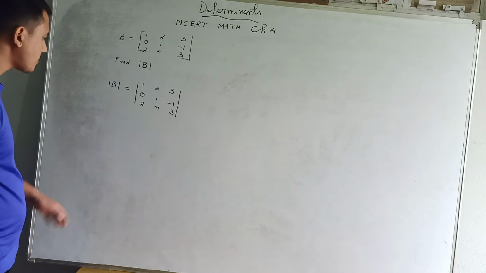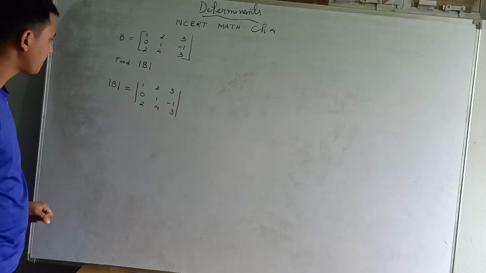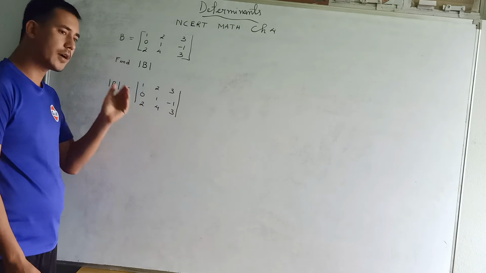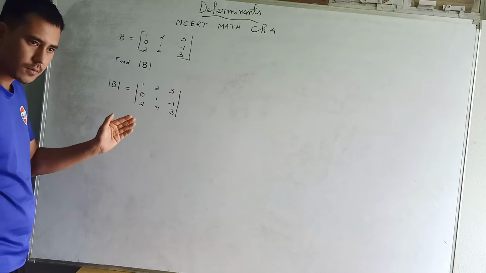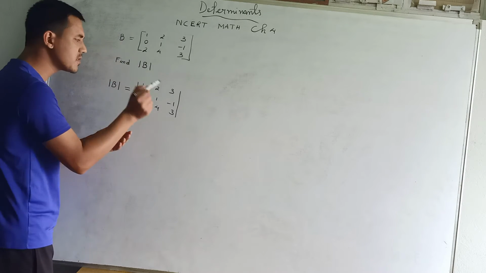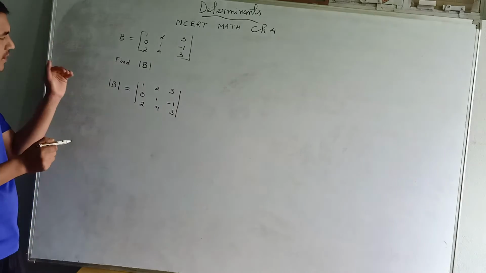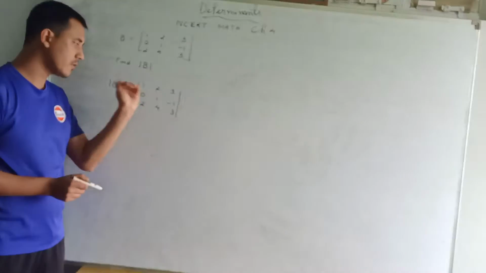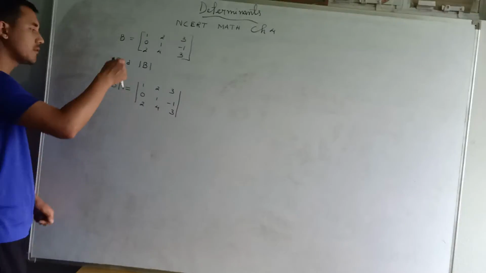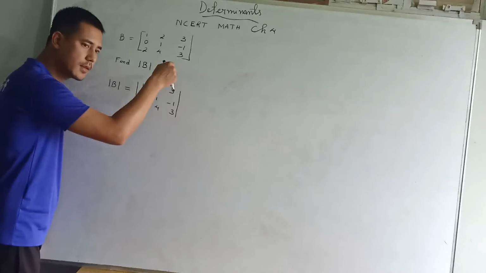In this determinant, there are 3 rows and 3 columns. You can expand along the first row, the second row, the third row. Or you can expand along the first column, the second column, and third column.